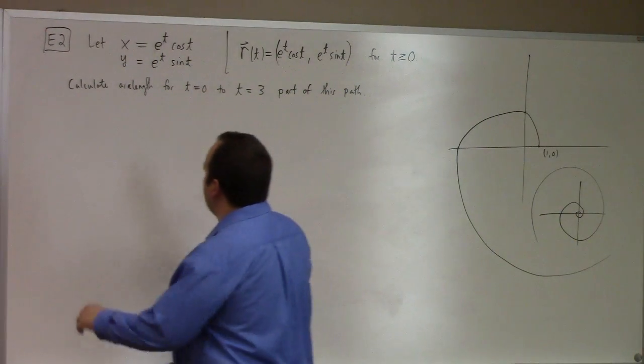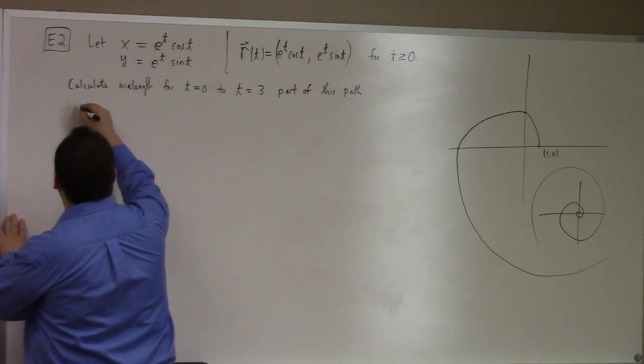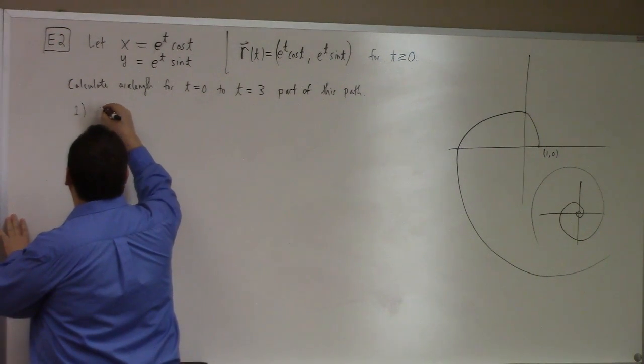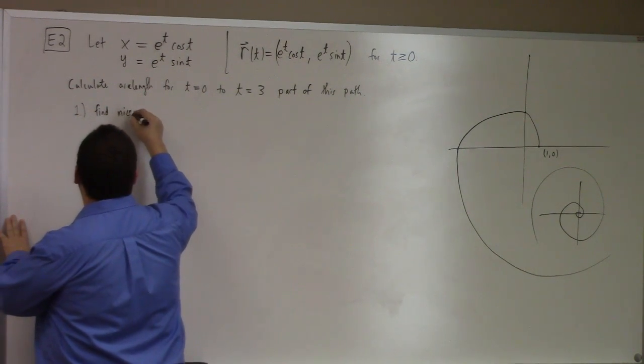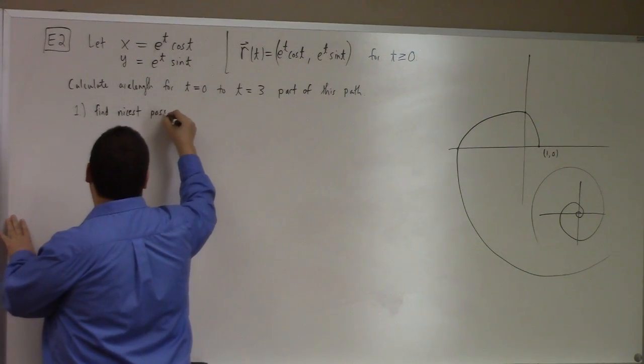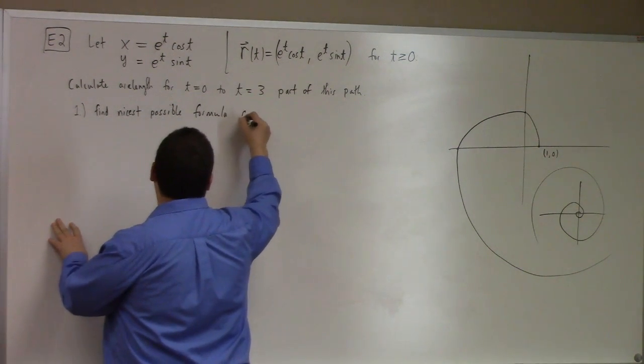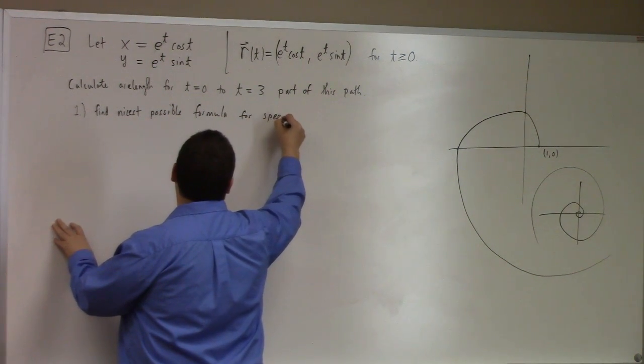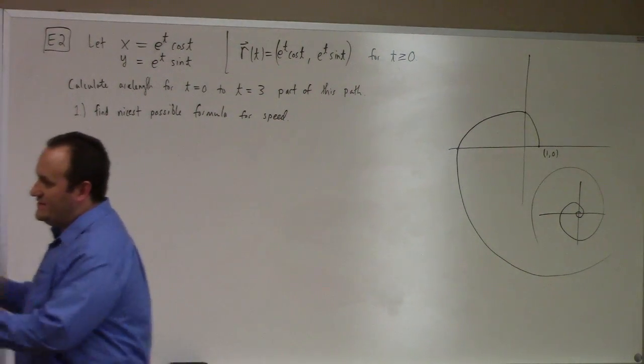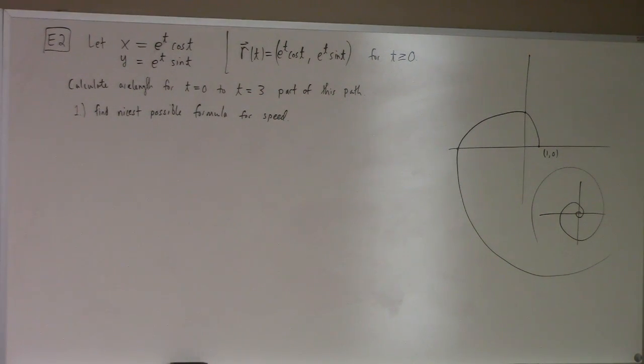Okay, so the arc length. Step number 1 is find the nicest possible formula for speed. I just did it in one quick sweeping calculation over here because this one wasn't that bad.